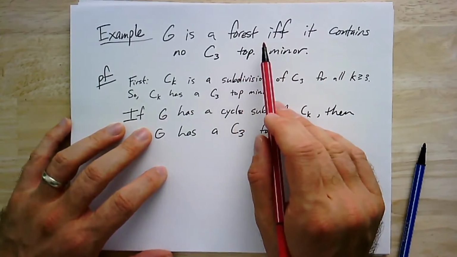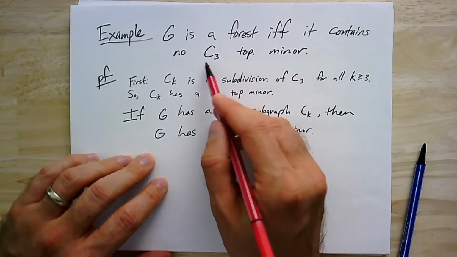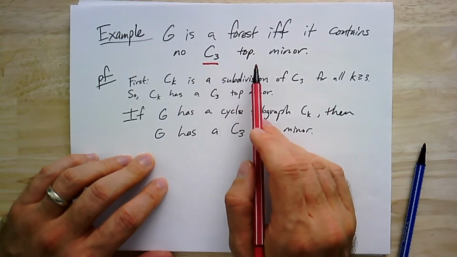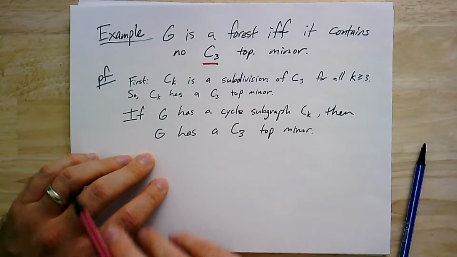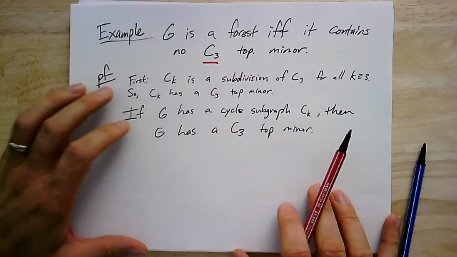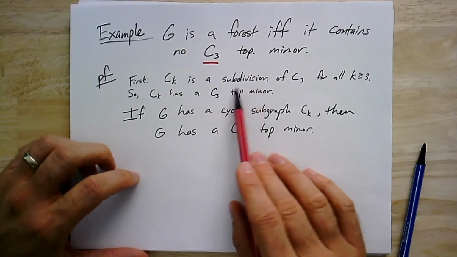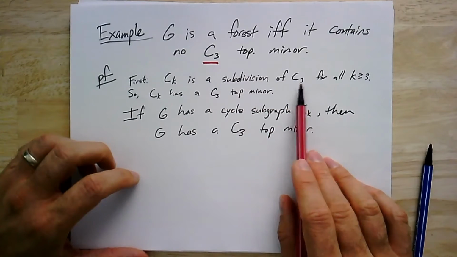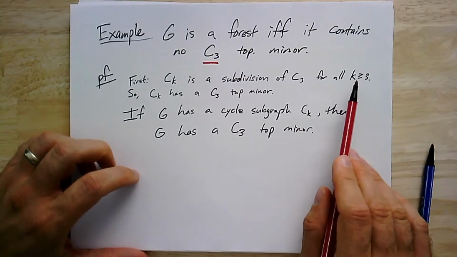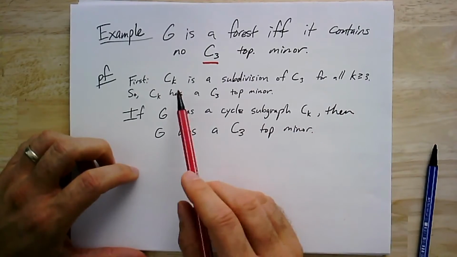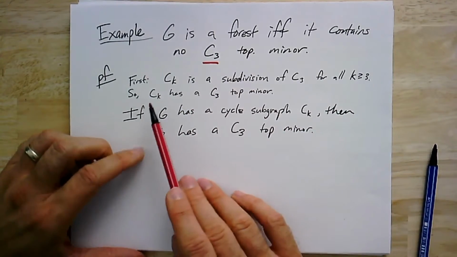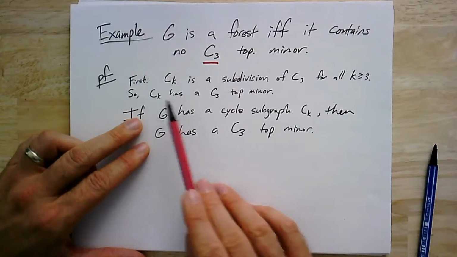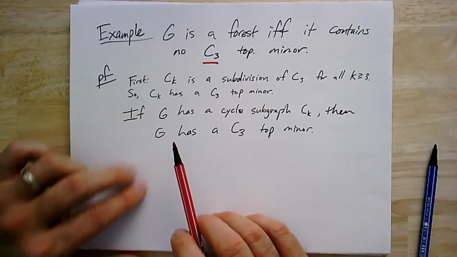But here we can show that it's enough to just say that it doesn't have any C3 topological minors, so there's no subgraph isomorphic to a subdivision of C3. The first thing you want to check is that any cycle CK is a subdivision of C3, for any k at least greater than or equal to 3. I guess we didn't really define cycles for k less than 3. So any cycle has a C3 topological minor.